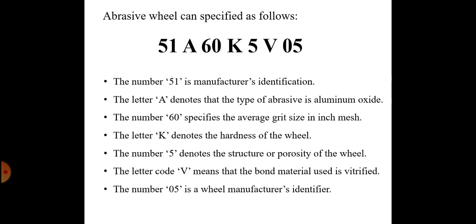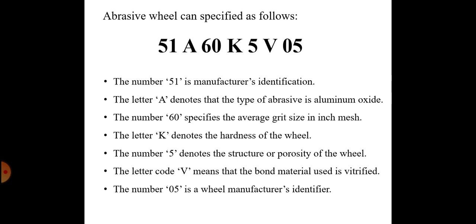This is an abrasive wheel as specified using these parameters, like this: 51 A 60 K 5 V 05. It means that the first number, 51, is the manufacturer's identification.